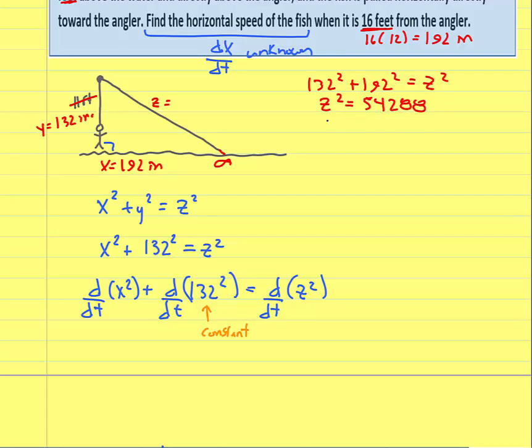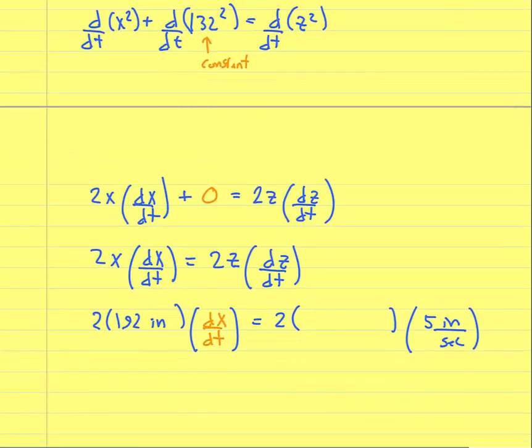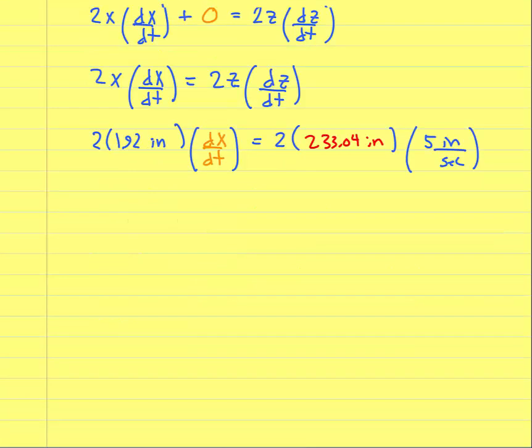And of course, taking the square root of both sides, I get z is approximately equal to 233.04 inches. So that's the number that goes down here for z, 233.04 inches.